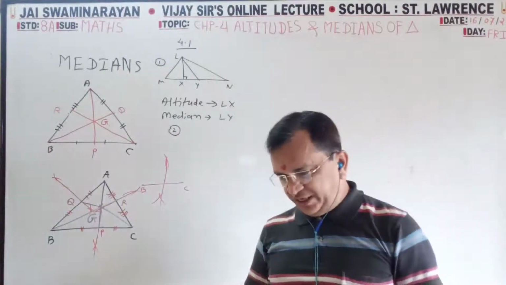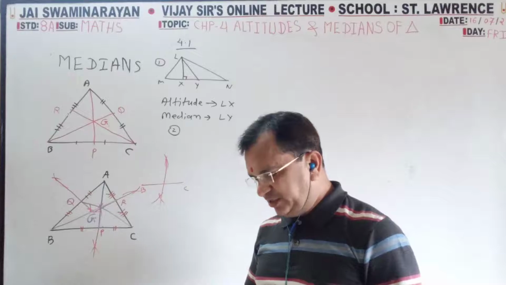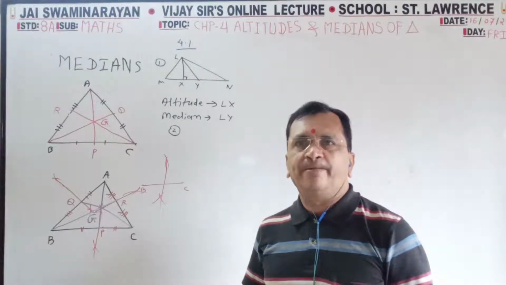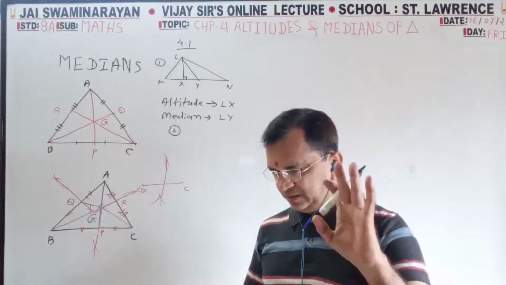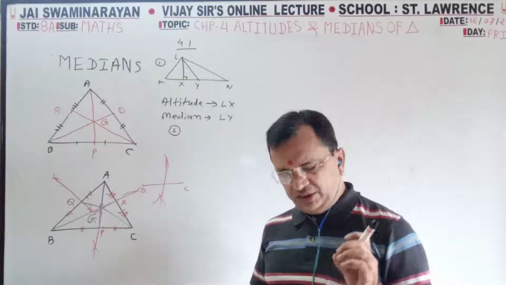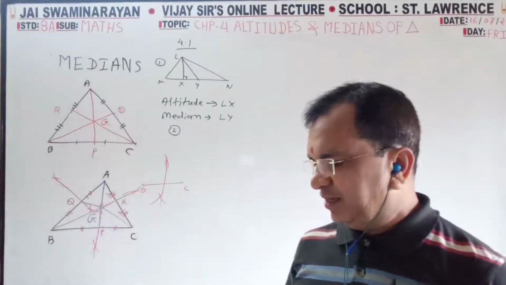Draw an acute angle. Draw all the altitudes. Wait 10 seconds. Draw an acute angle triangle PQR.